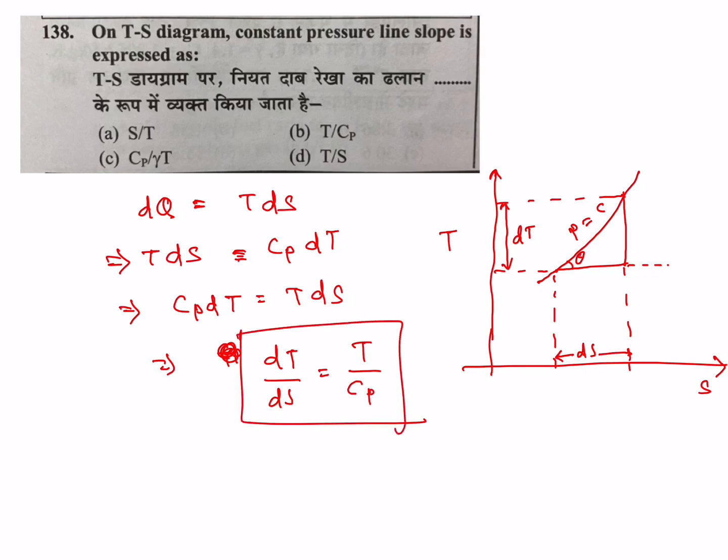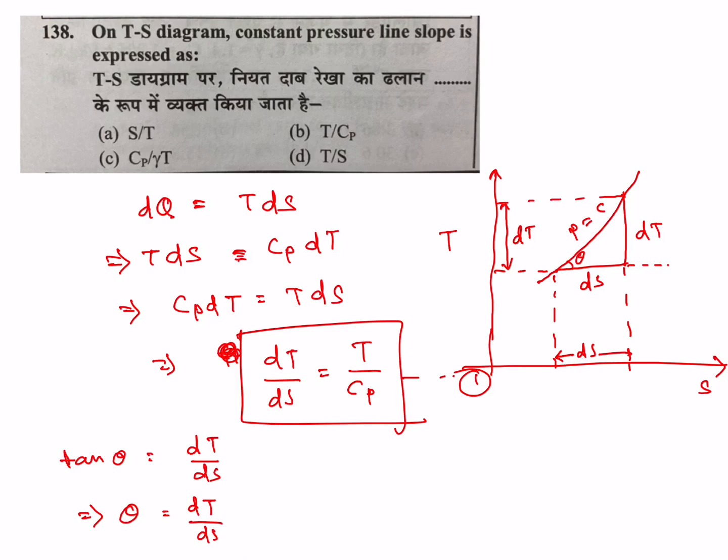Then from this triangle, tan theta equal to dT by dS, for small value of theta. This is equation 2.